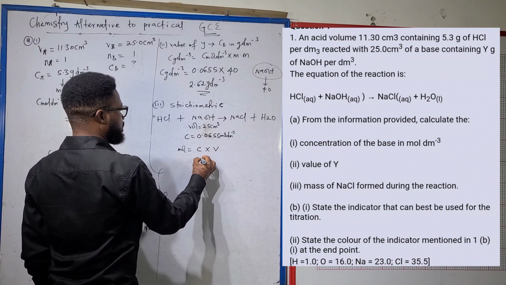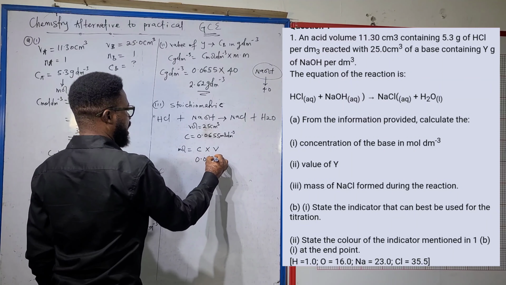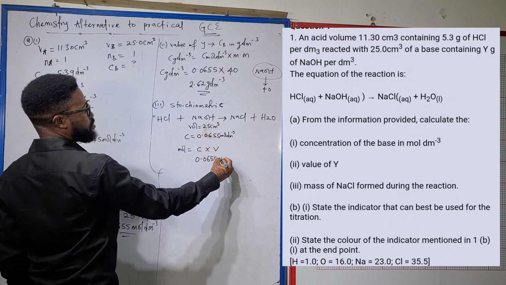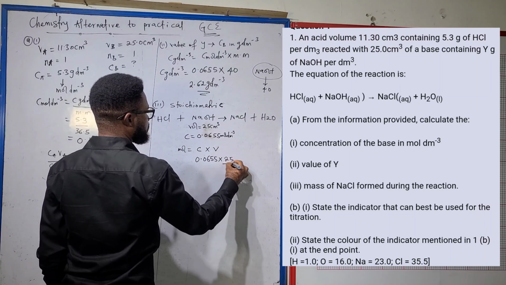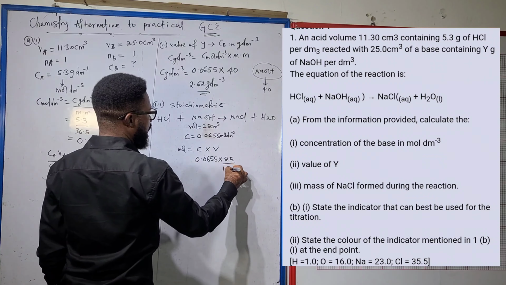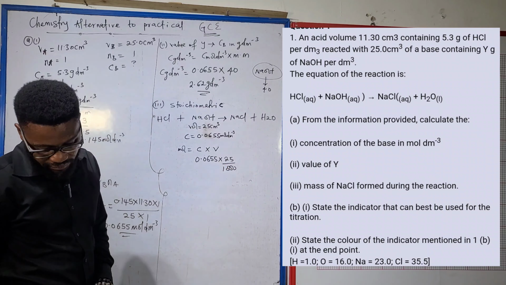This is 0.0655, but of course the volume is in cm cube, so that will be 25 divided by 1,000.